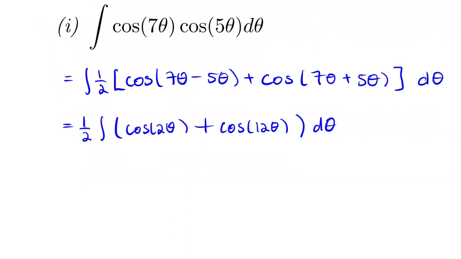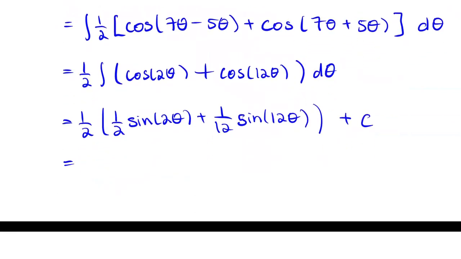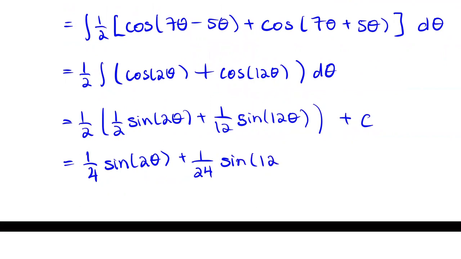Then evaluating each of these, for the first one we're going to get half of sine 2 theta, and for the second one we're going to get 1 over 12 of sine of 12 theta, plus C out here. And then we distribute the 1/2, so we get a quarter sine 2 theta plus 1 over 24 of sine 12 theta.